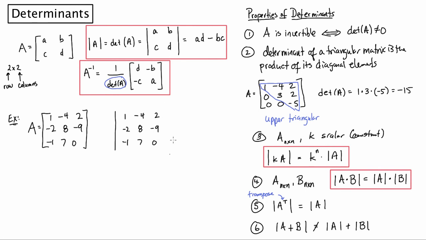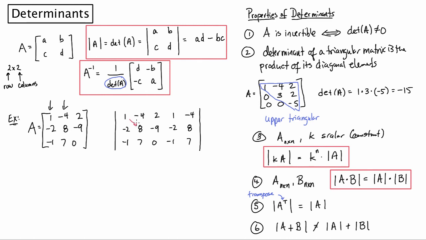Then I'm going to add on two more columns, and the two columns I add on are going to be the first and second column. Not the third column, but just the first two. So I'm going to look at this new matrix that I've formed. The determinant turns out to be the following.